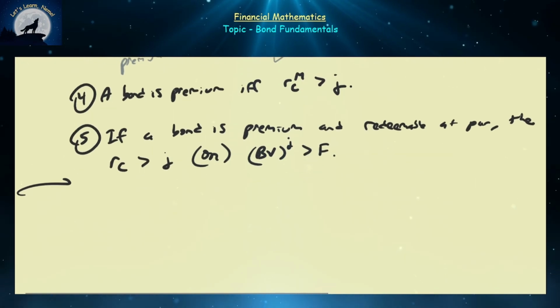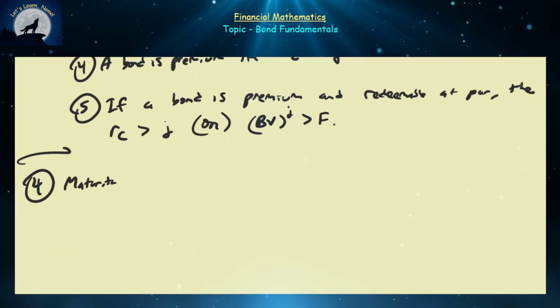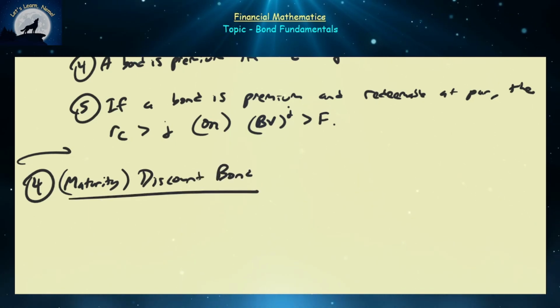Now another type of bond, in addition to maturity premium bond, is called a maturity discount bond. And you probably can take a guess of what this is going to be.